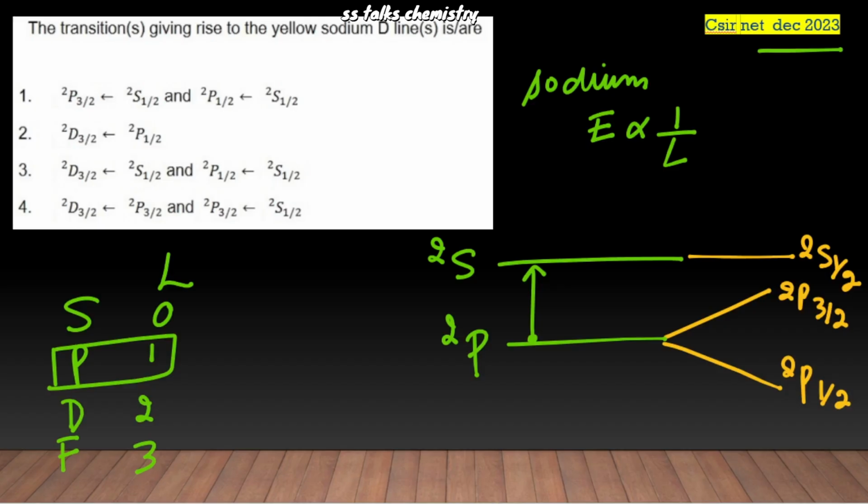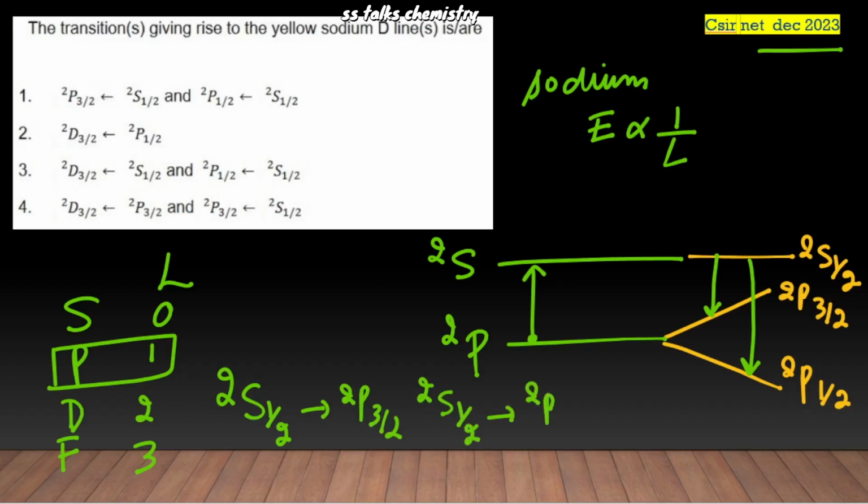So basically it is returning to the 2P3/2, and the next possibility is returning to the 2P1/2. So the transitions occurring are 2S1/2 to 2P3/2, and the other is 2S1/2 to 2P1/2. So these are the transitions that occur.